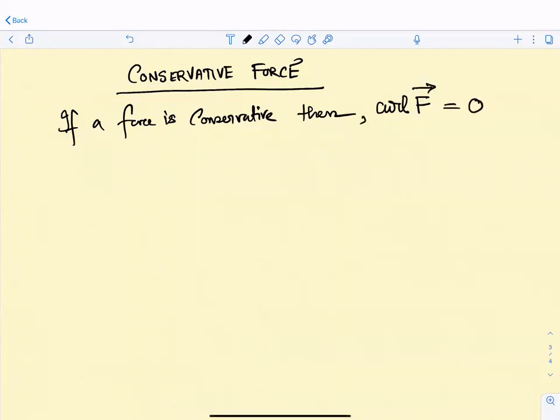I will explain what curl F is. That is, del operator cross F is equal to 0.